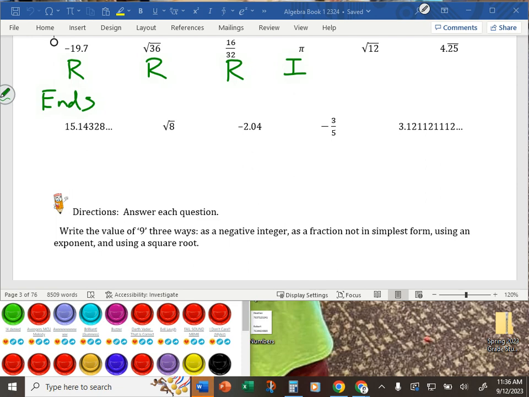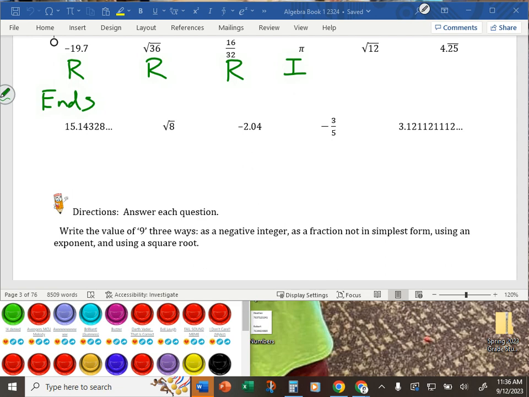Why is the root of 36 rational? It's the same thing, it ends. What do you mean it ends? It's a whole number.